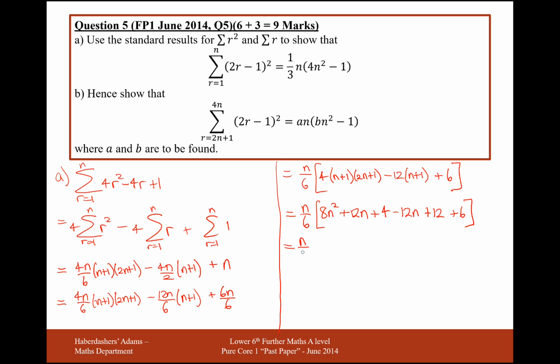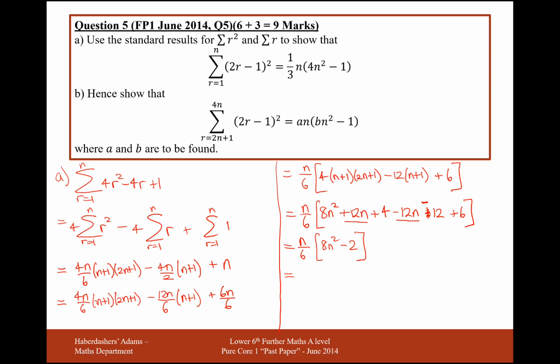So some of this looks like it cancels down for me. I get 8n squared, the 12n and the minus 12n cancel, and 4 add 6 is 10. Whoops, this needs to be a take away 12 from expanding the brackets properly. So it's going to be 10 take away 12 is minus 2. So I think I said expand the brackets properly and then didn't do it myself.